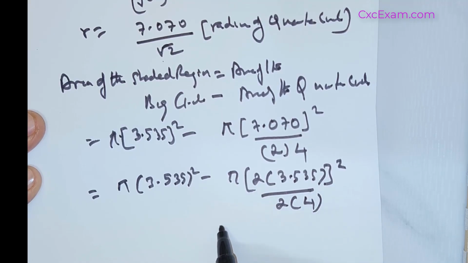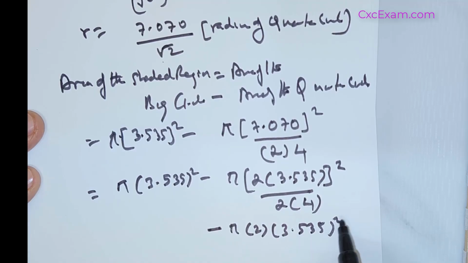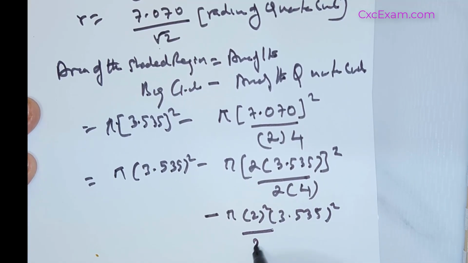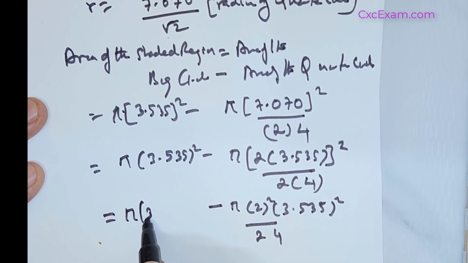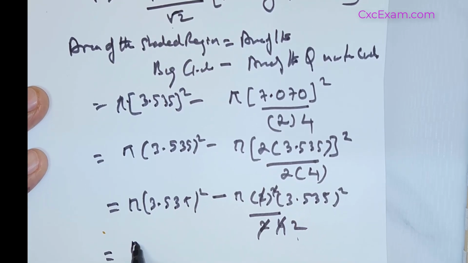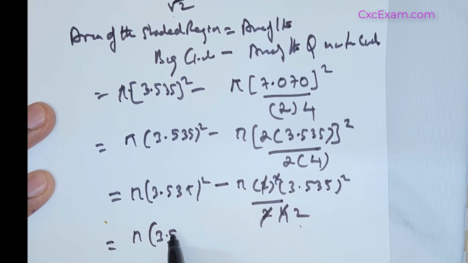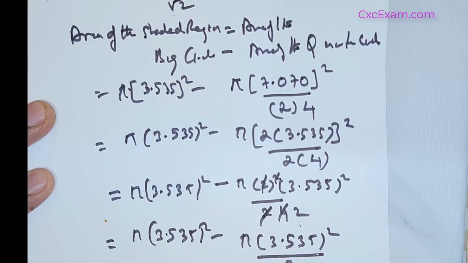Okay, so this can be rewritten as pi times 2 times 3.535 squared. You have a square there, and you have a 2 times 4 there. So of course this is going to be pi times 3.535 squared, a square and a 2 get cancelled, and another 2 can also be used to reduce. So you have pi times 3.535 squared negative pi times 3.535 squared divided by 2.